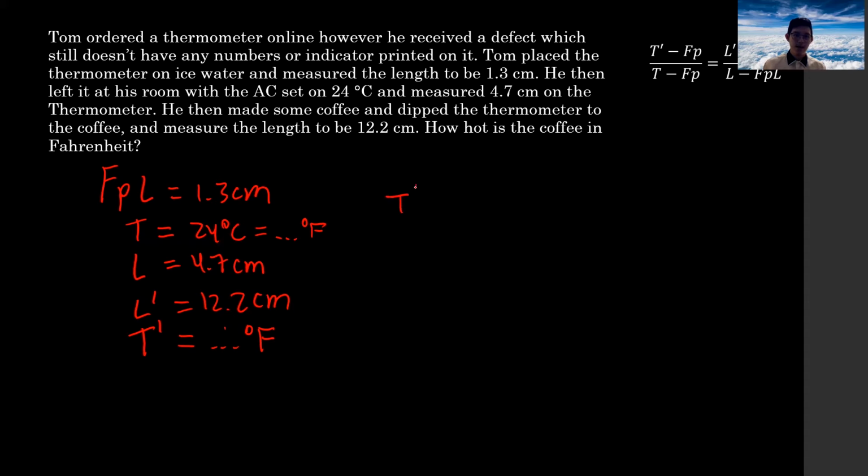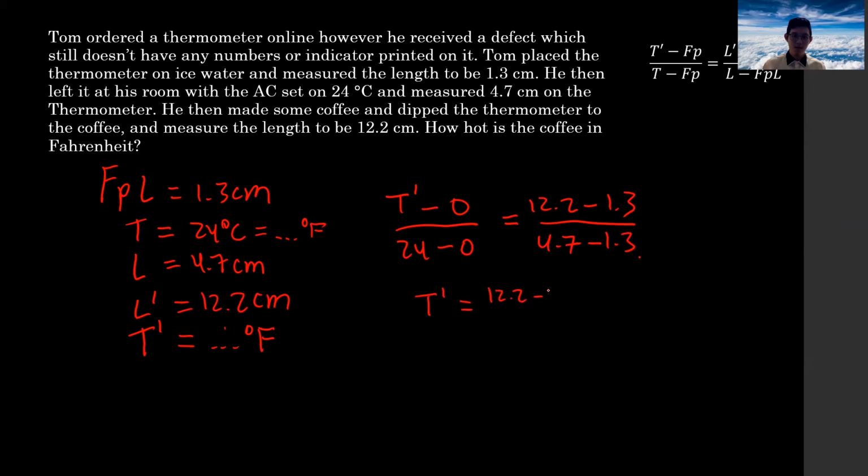So T' is unknown minus 0 Celsius, per T is 24 minus 0, will be L' is 12.2, L_f is 1.3, per 4.7 minus 1.3. So T' will be 12.2 minus 1.3 per 4.7 minus 1.3 times 24.